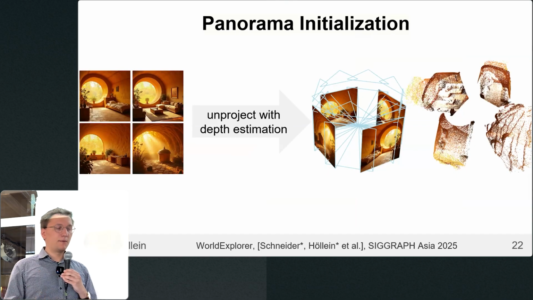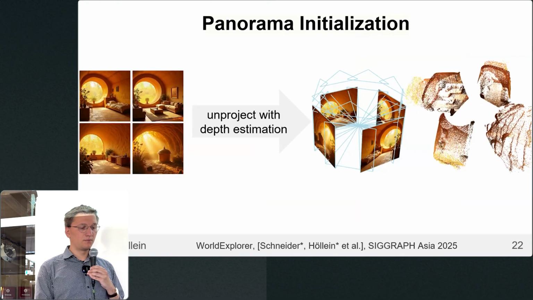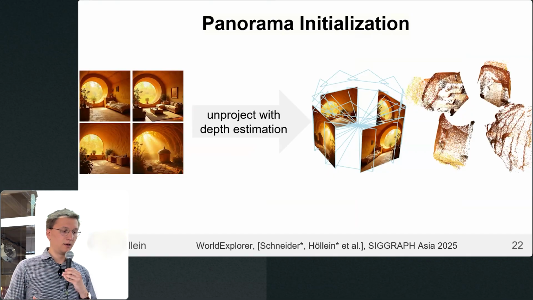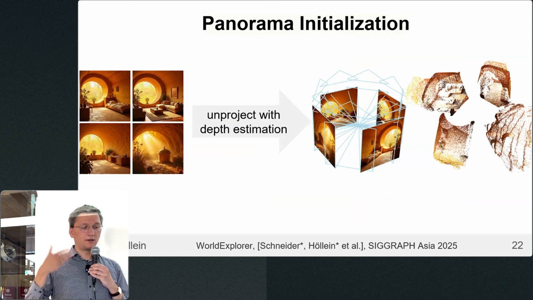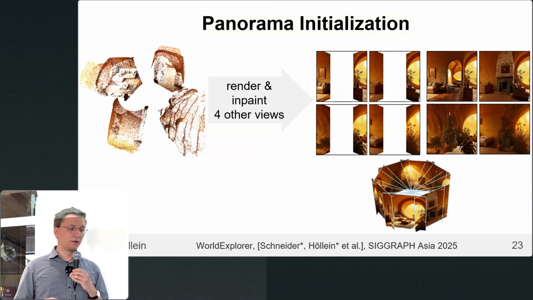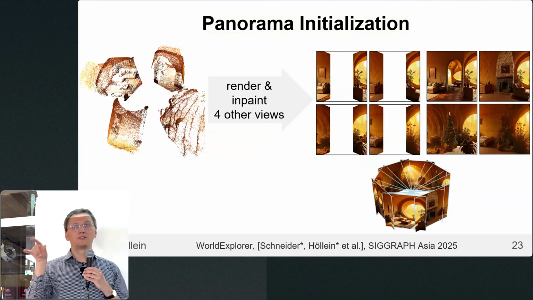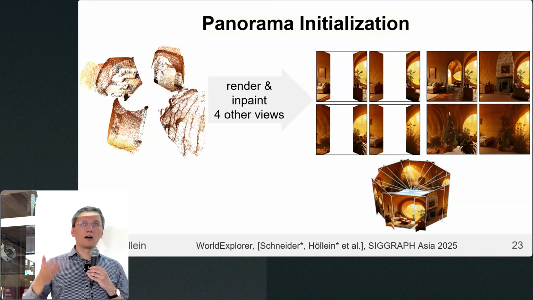And if we run depth estimation on each of them, we get these partial point clouds that are not overlapping and is like the first part of the panorama. Now we leverage again the same technique as in the TextureRoom work, where we render the input point cloud from novel perspectives that are 45 degrees rotated and are 4 other views.